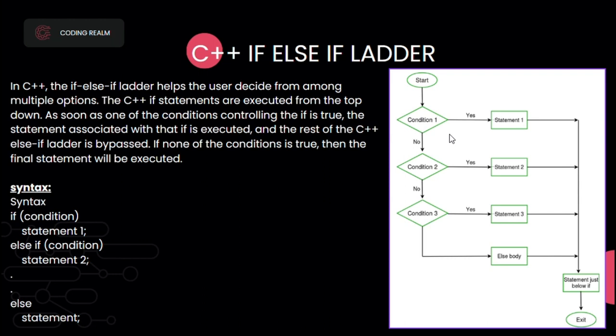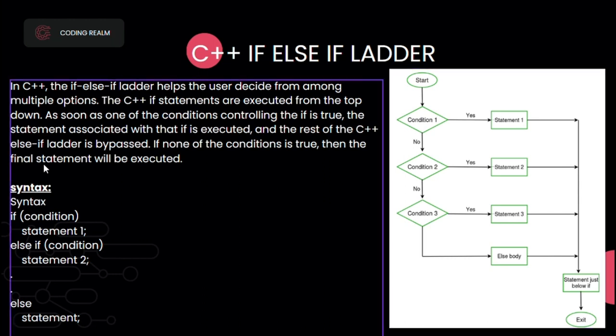Now let's show the syntax of how to write the if-else-if in a C++ program. Starting with if, condition 1. If condition 1 is true, the statement is executed. If it's not true, I need to use else if with a new condition and a new statement.